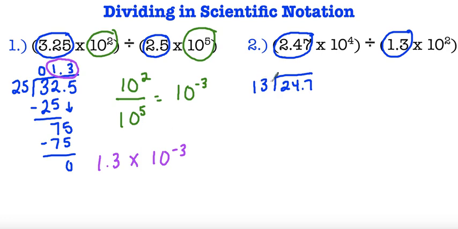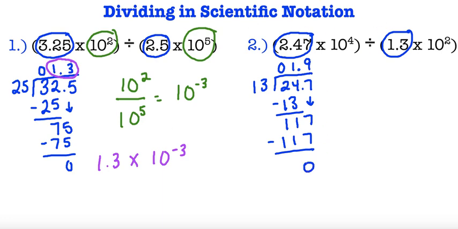So 13 goes into 2 0 times. 13 goes into 24 one time. So minus 13. And here I end up with 11. So I bring down my 7. Add my decimal point here. I'm just bringing it up. And then 13 goes into 117 9 times. And I end up with no remainder.